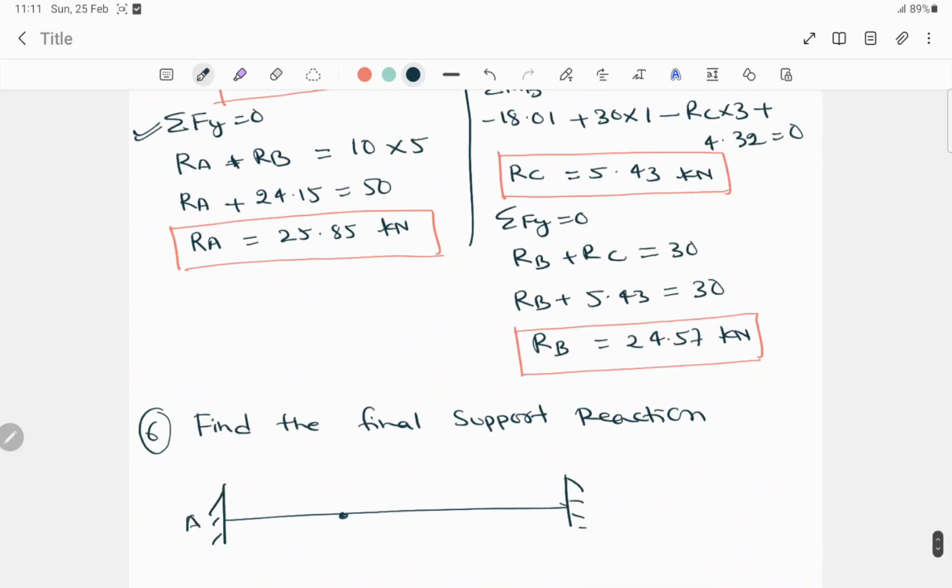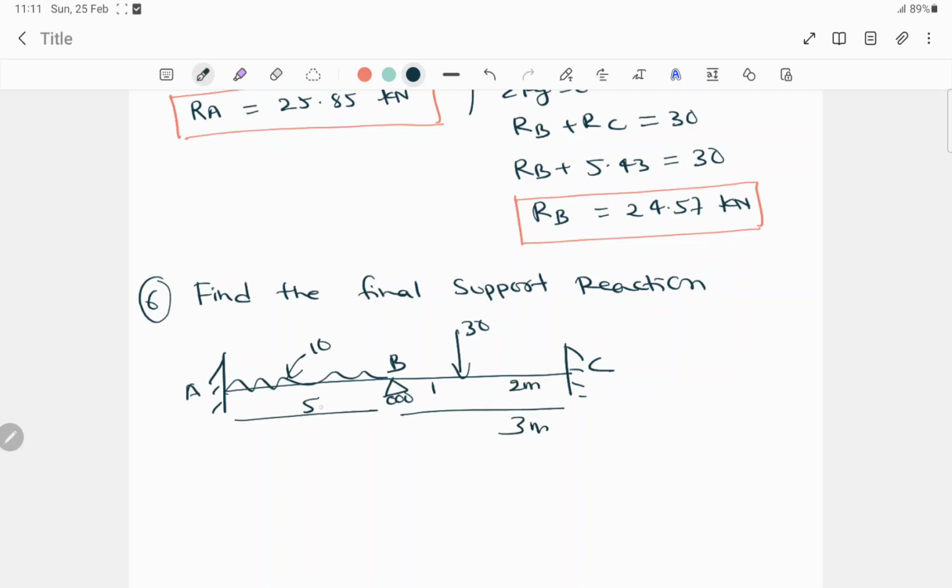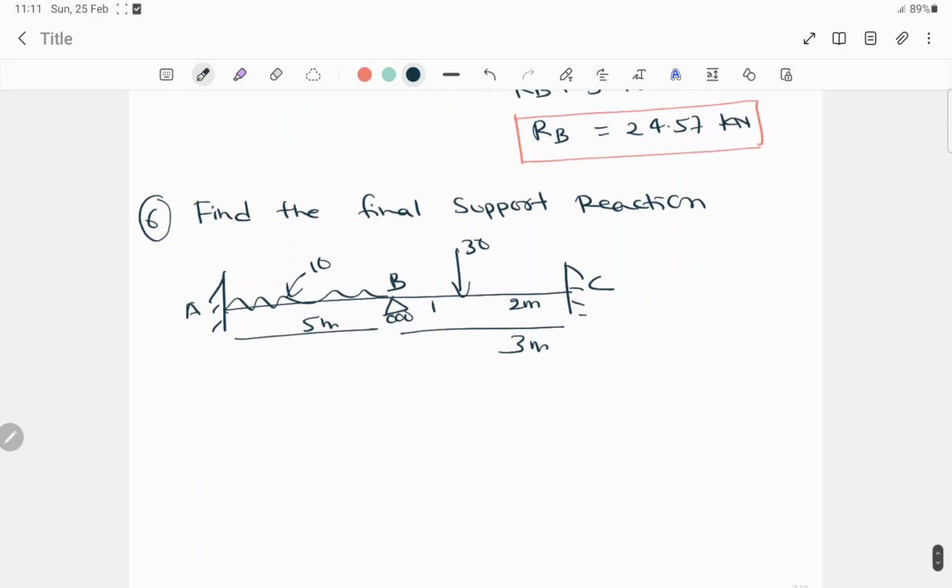It was a roller, yes. It was like this, and the roller support was here, and here the UDL acting, A, B and C, and here one point load of 30, UDL of 10, span of 5, span of 3, 1 and 2 meter, right? So this was the diagram.